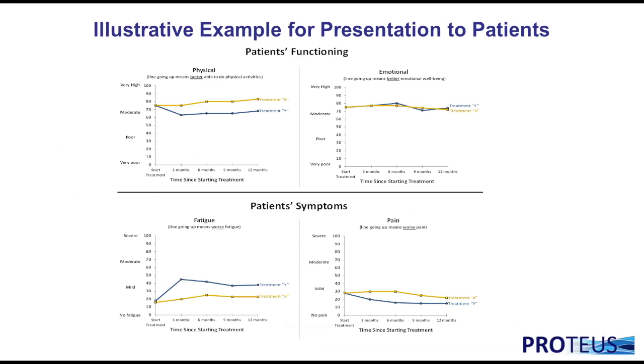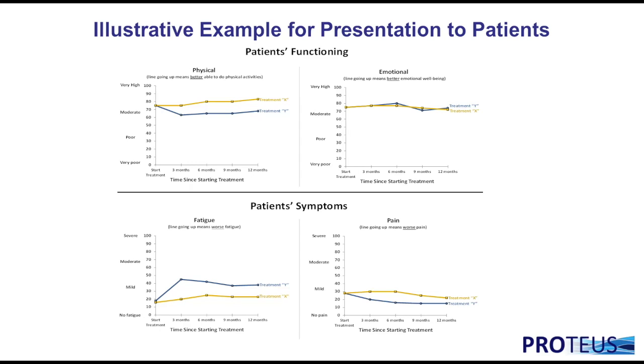Here's an example of how to display data for patients. Before getting into specifics on the scoring directionality issue, we wanted to orient you to a few aspects of the presentation. First, we use a line graph of average scores over time, which was the preferred approach for showing longitudinal data. Different colors are used for the two treatment arms, and the lines are labeled directly, rather than using a legend.